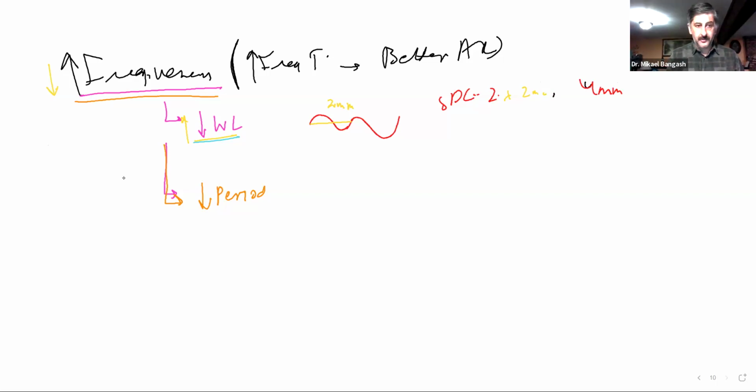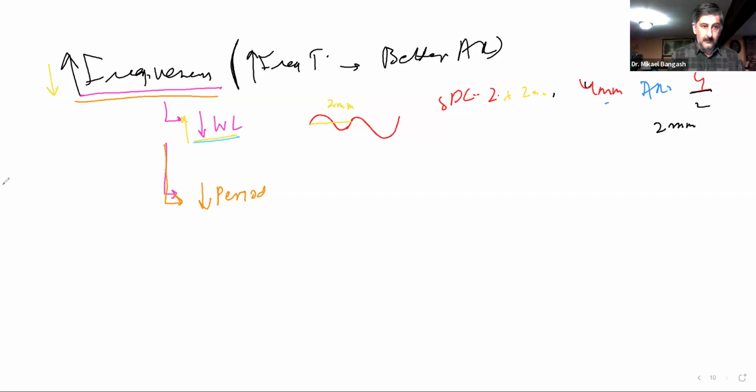Our axial resolution would be those 4 millimeters divided by 2, which would be 2 millimeters.